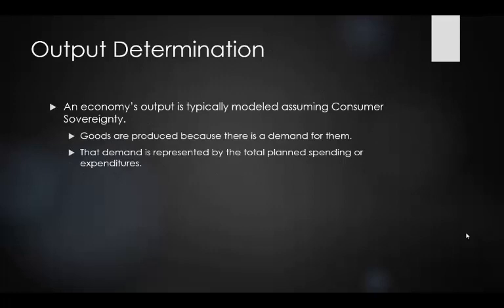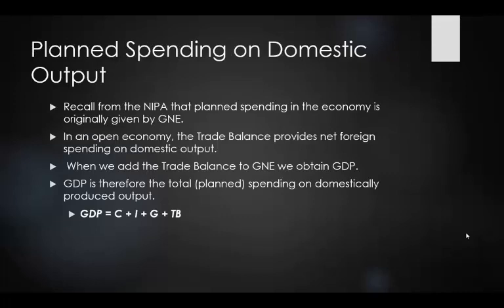Assuming further that consumer sovereignty holds, goods are produced in an economy because there is demand for them. That demand is represented by the total planned spending or expenditures in the economy. This is what the circular flow diagram indicates. Planned spending in an open economy adds the gross national expenditures, which comprise C, I, and G, to the trade balance, which is the net planned spending from abroad on US output.